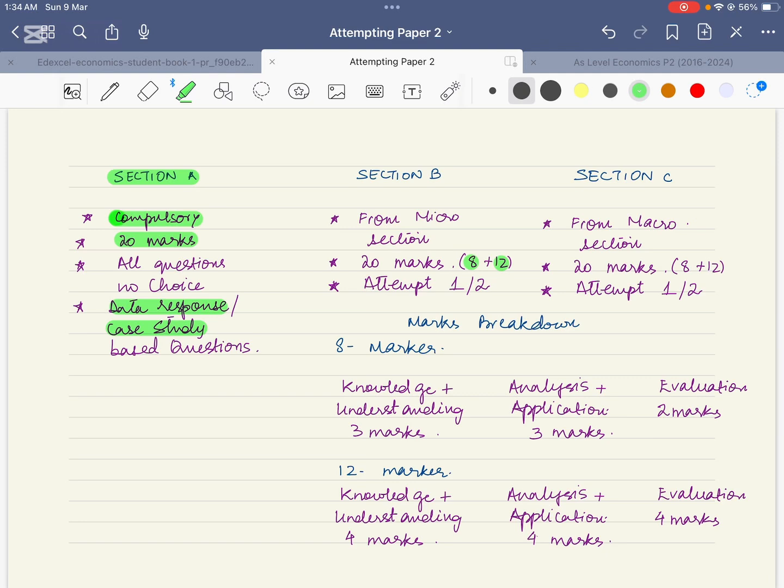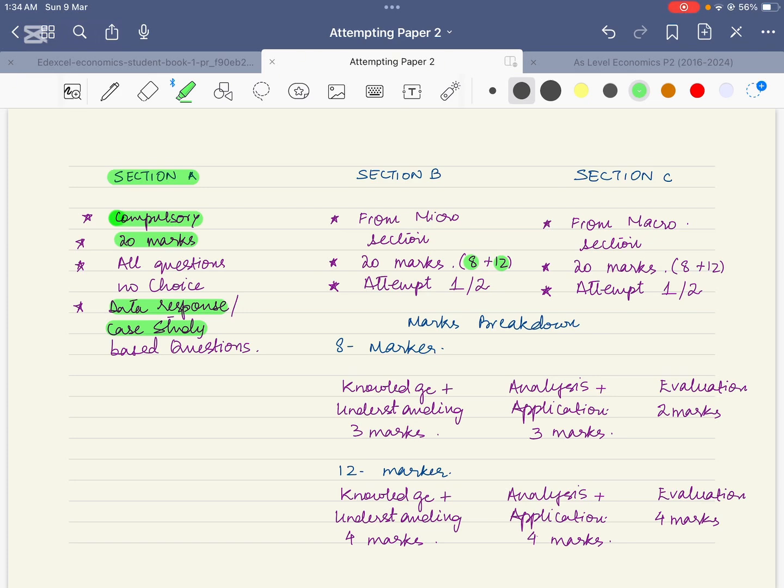In the 8 marker question, the marks are divided according to the objectives based on which you are assessed, meaning assessment objectives or AO, as you can see in the marking scheme and in the syllabus as well.